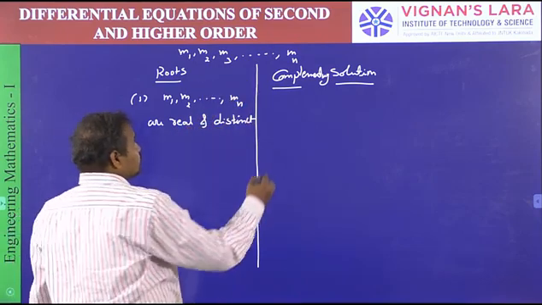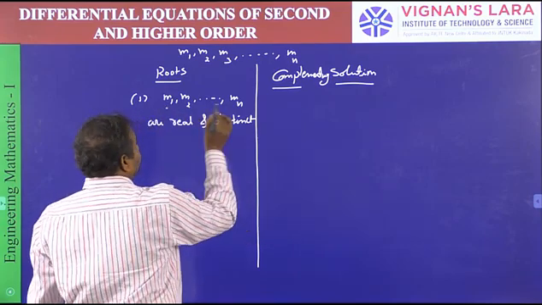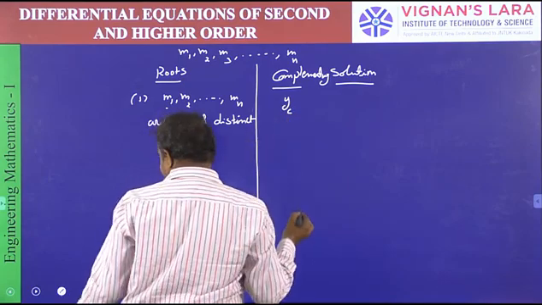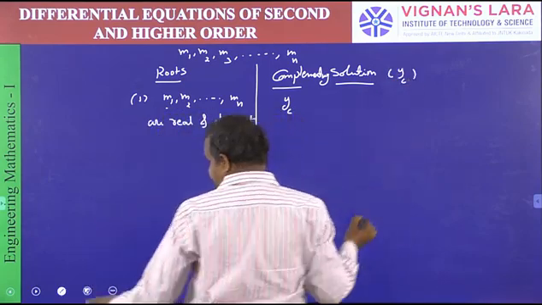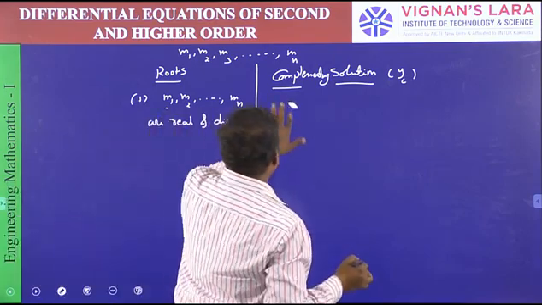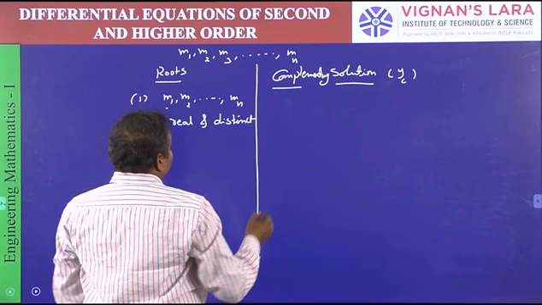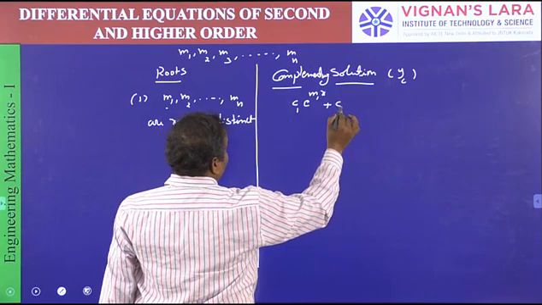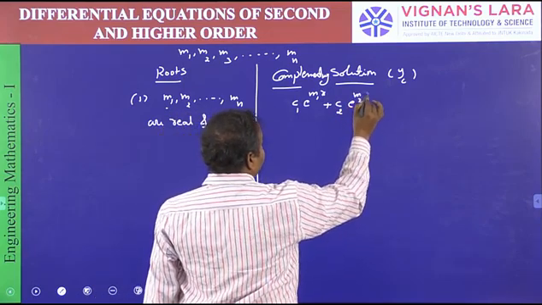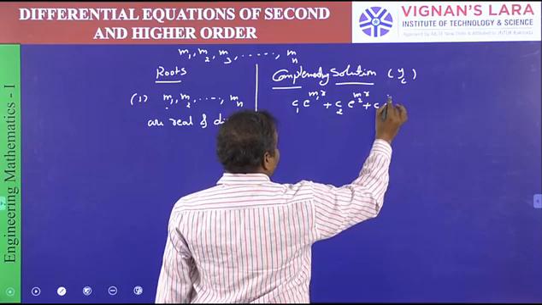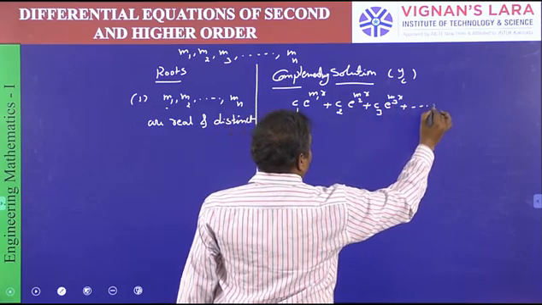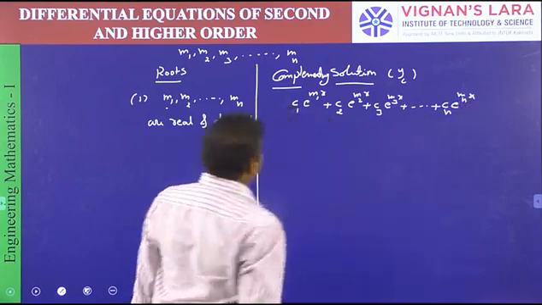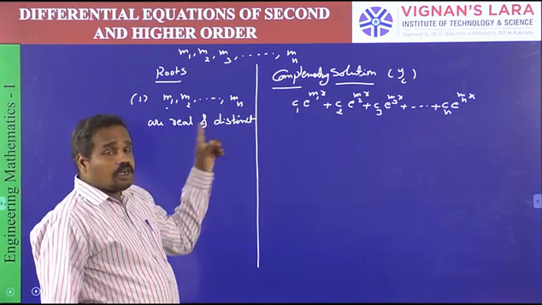In this case, the complementary solution, denoted as Yc, is C1 into e power m1x plus C2 into e power m2x plus C3 into e power m3x plus and so on plus Cn into e power mnx. So n roots are real and distinct.